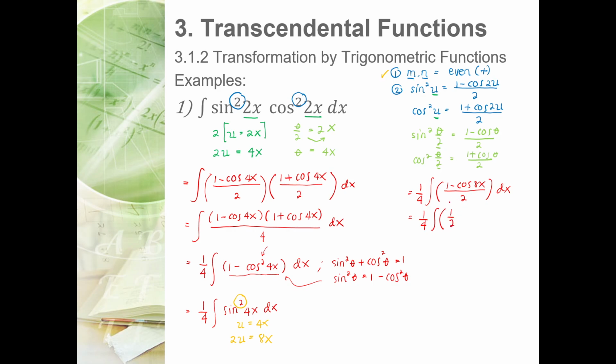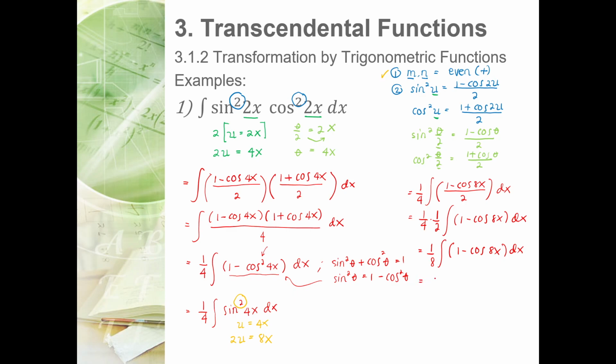If you don't want the 1/2, you can get the 1/2 outside the equation. So 1/4 times 1/2, then the integral of 1 minus cosine 8x dx. So you have 1/8 integral of 1 minus cosine 8x dx.